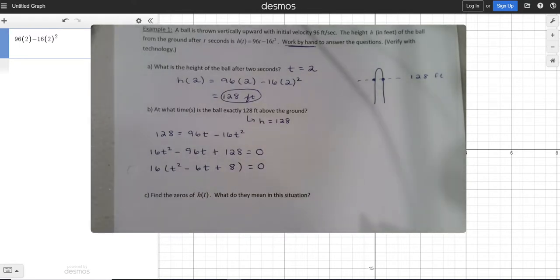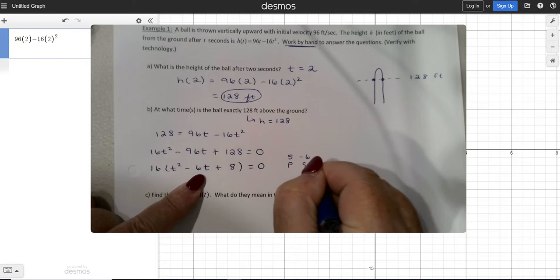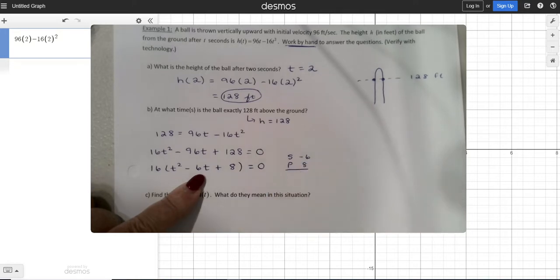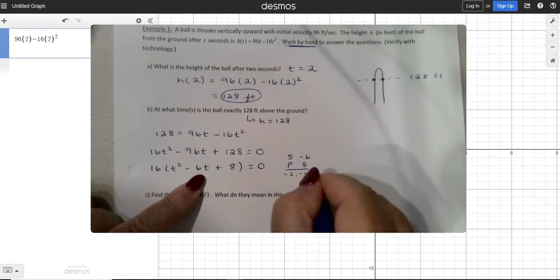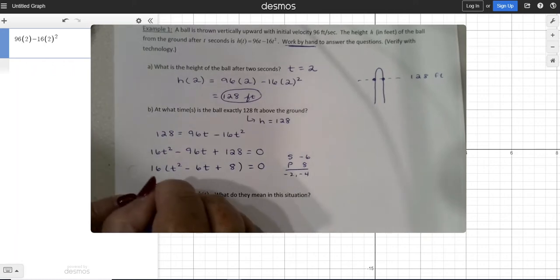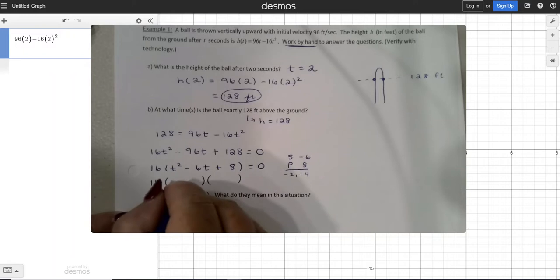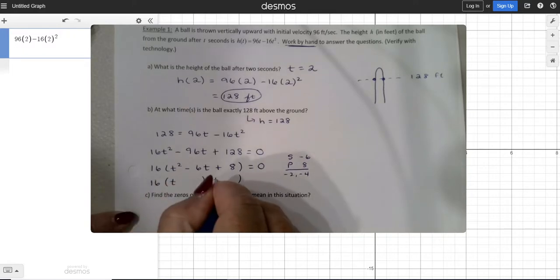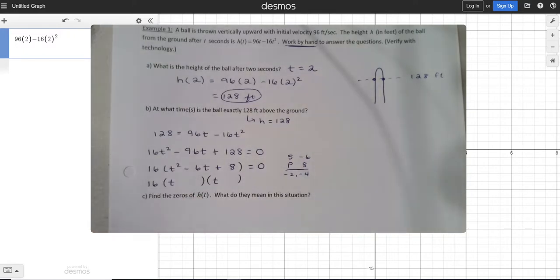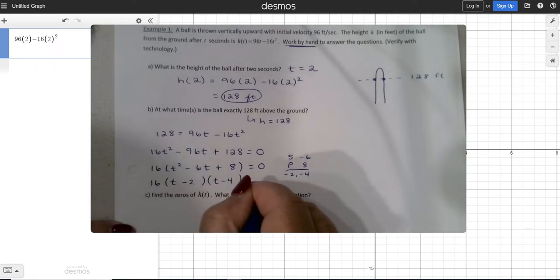All right, I think we can continue to factor here if we're looking for a sum of -6, a product of 8, -2 and -4. So I have my 16, and then this is now just a 1t squared. So I can take my little shortcut, t times t. I've got -2 and -4.